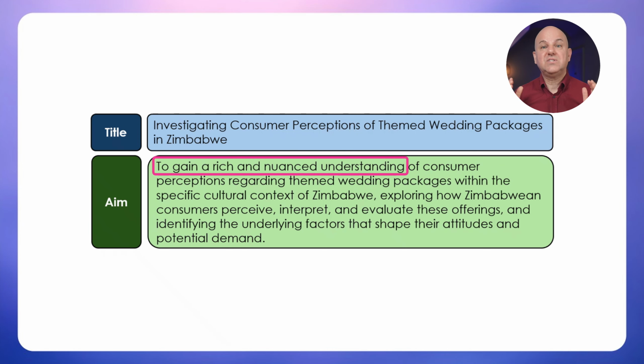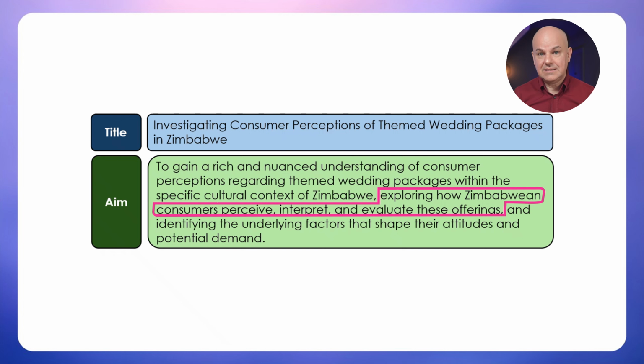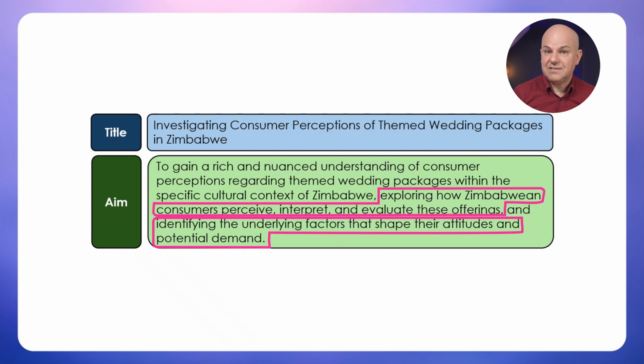For example, when the student says to gain a rich and nuanced understanding, it should simply be to understand. She also seems to be including objectives in the aim when she says explore how Zimbabwean consumers perceive, interpret, and evaluate these offerings, and identify the underlying factors that shape their attitudes and potential demand.